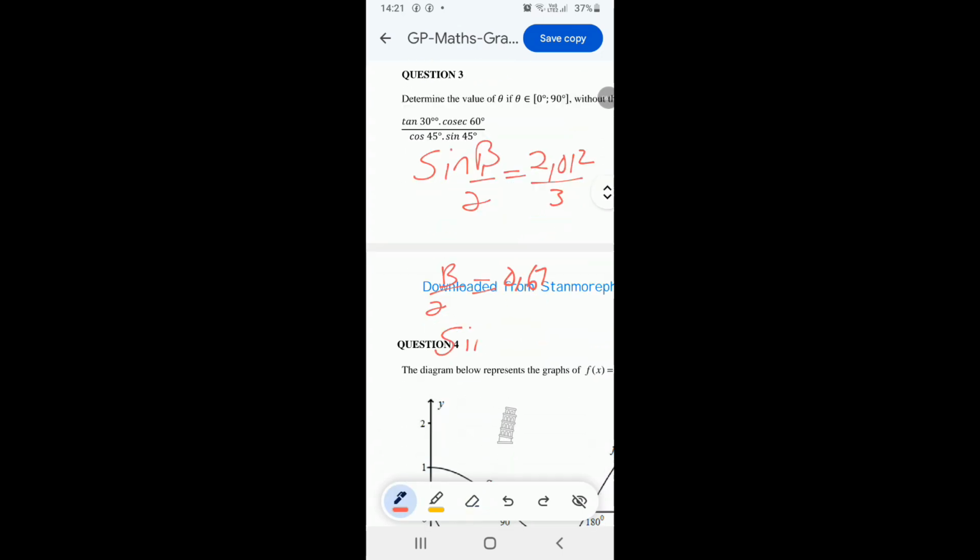Now, sine shift 0,67 gives b over 2 equals 37,42. This multiplied by that, our b is 74, or 84? You need to check. I'm not using a calculator right now.